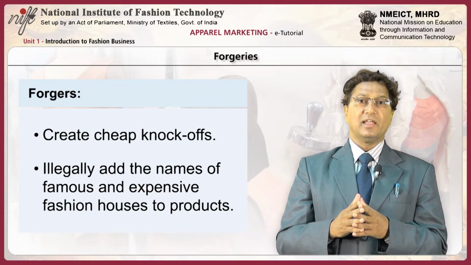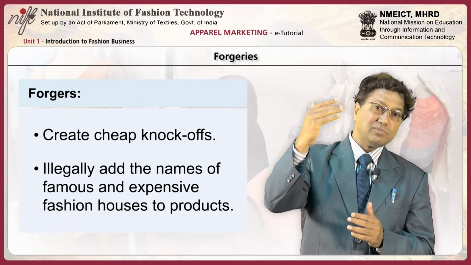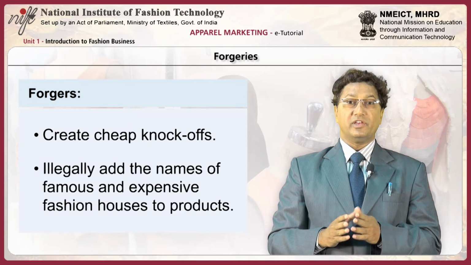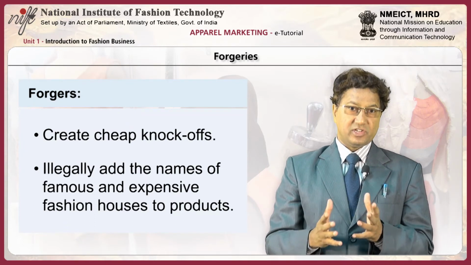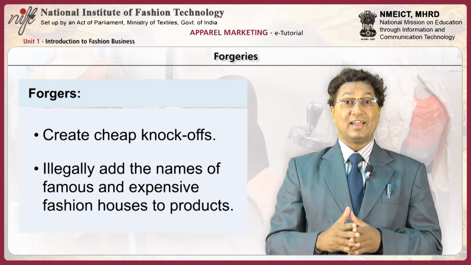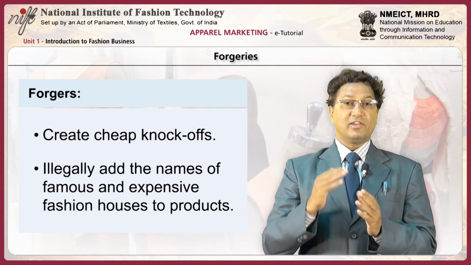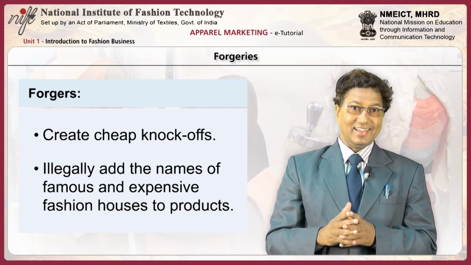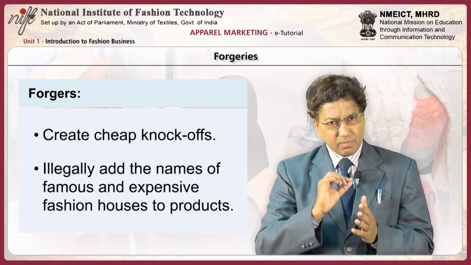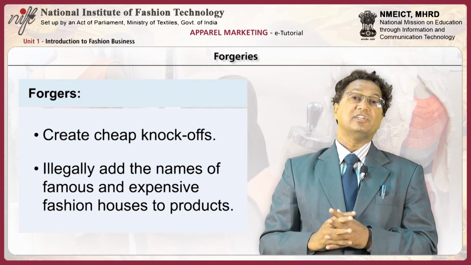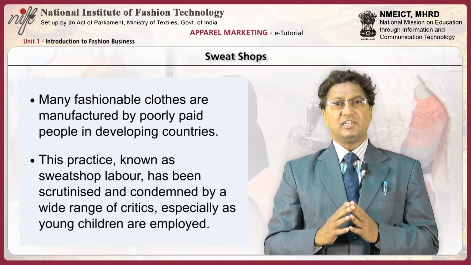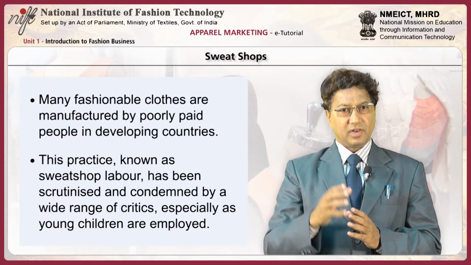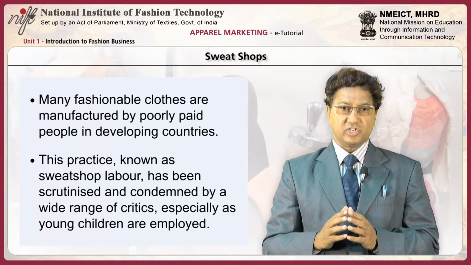A Gucci bag can be sold for many times more than an identical bag made by a competitor by virtue of their image. But forgers take advantage of this fact by creating cheap knockoffs and illegally adding the names of famous and expensive fashion houses. Many fashionable clothes are manufactured by poorly paid people in developing countries.